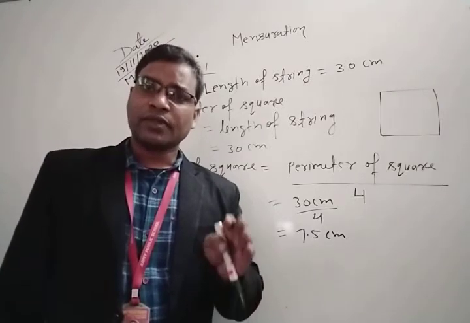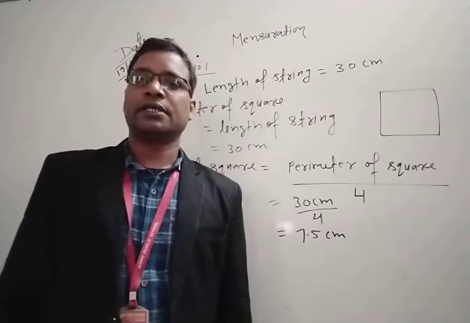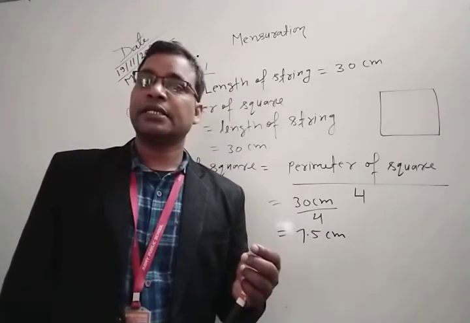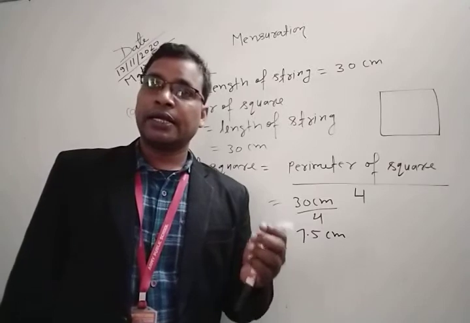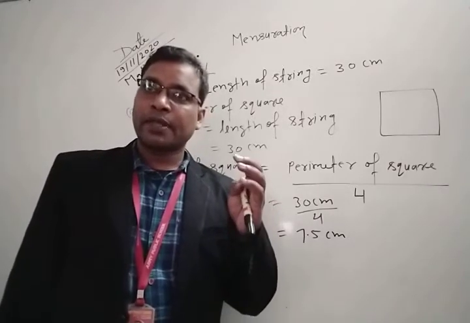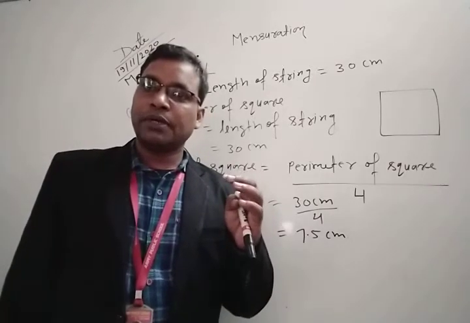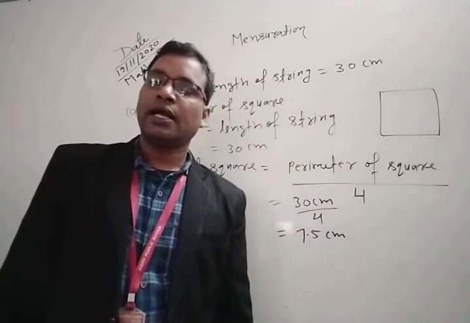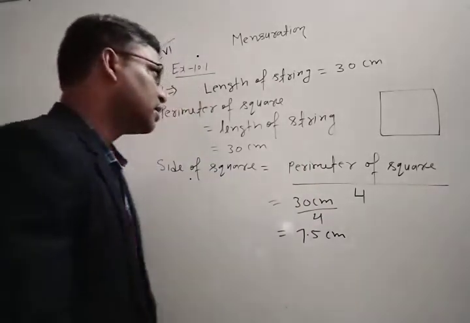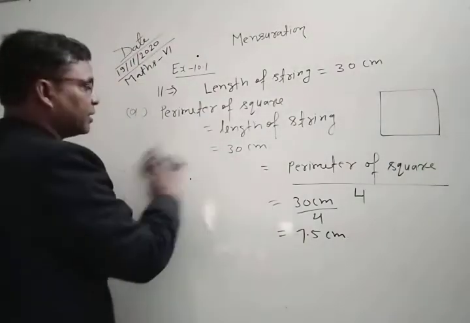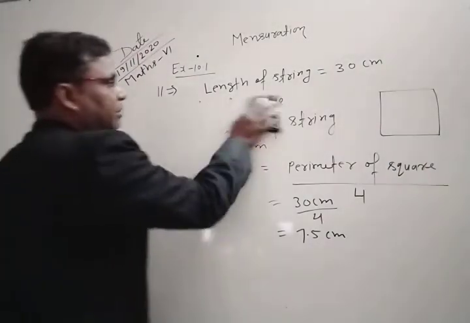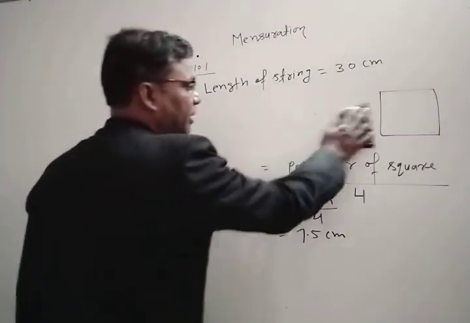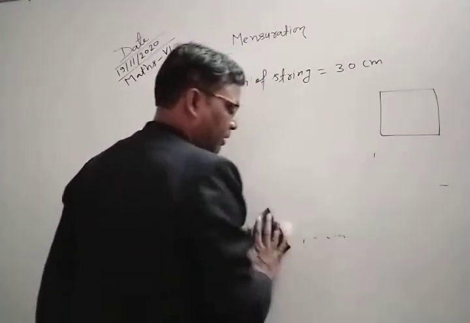So what is the perimeter of the equilateral triangle? The perimeter of the equilateral triangle is equal to the length of the string, because the equilateral triangle is formed by this string. So let's see how to find the side of an equilateral triangle. The length of the string is given as 30 centimeter and this equilateral triangle is made by this string.